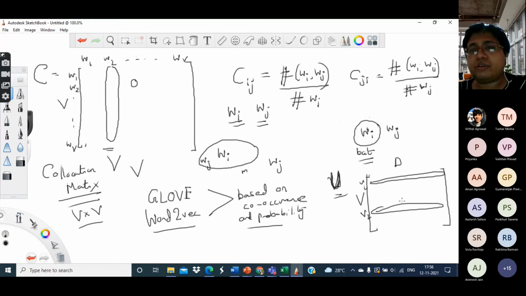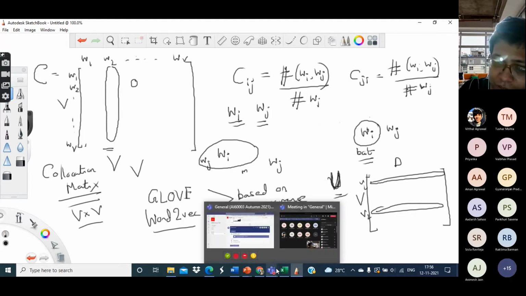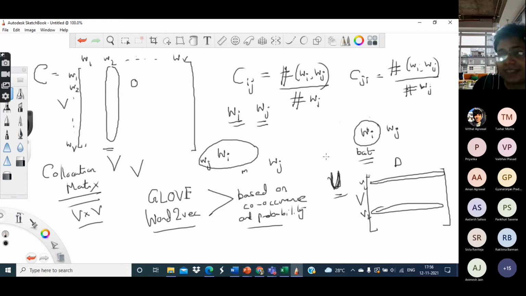So basically you have got a vector representation of every word in the vocabulary, and based on what? Based on co-occurrences. The entire idea was to choose U and V so as to maximize the likelihood of this word having a particular context.